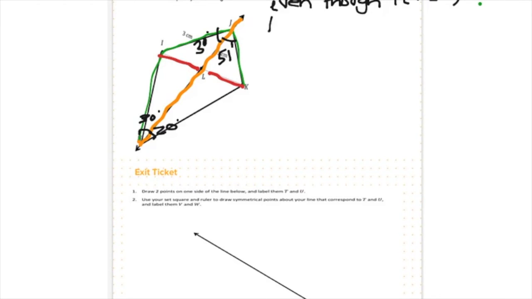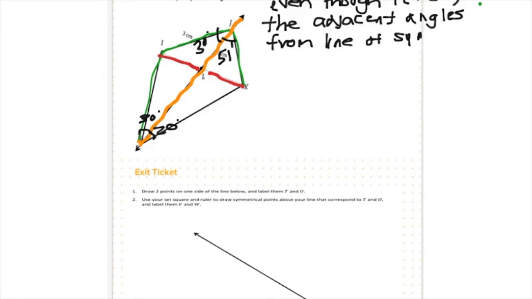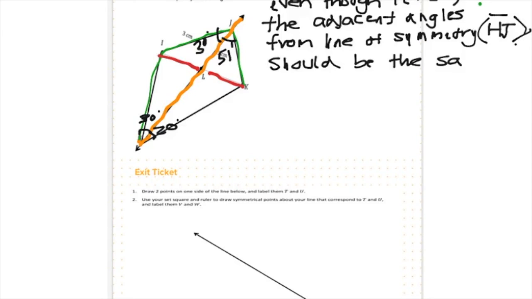The adjacent angles, the angles next to each other, from the line of symmetry, which we know is HJ, they need to be the same size. So I'm going to show you exactly where I'm talking about.